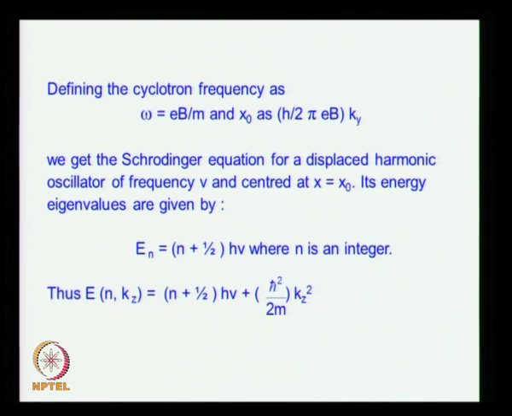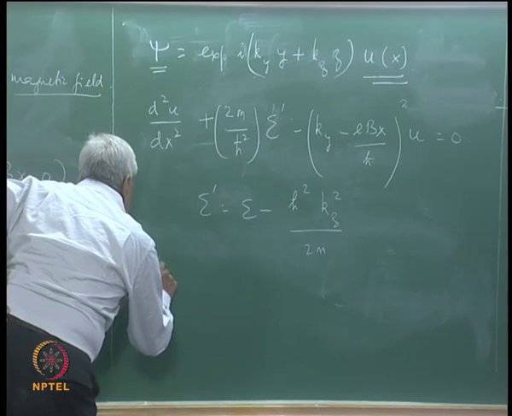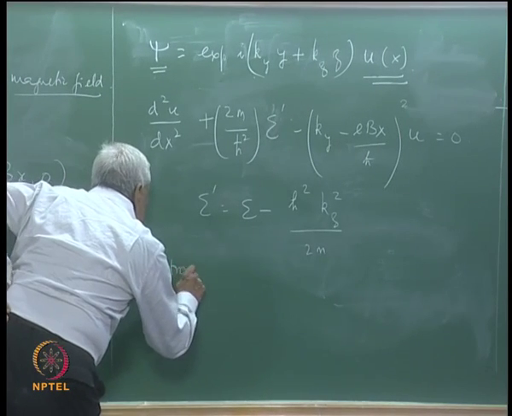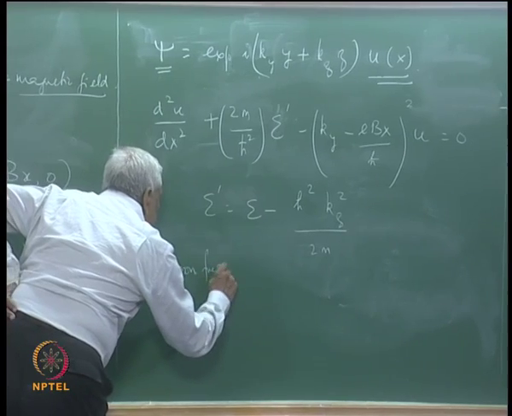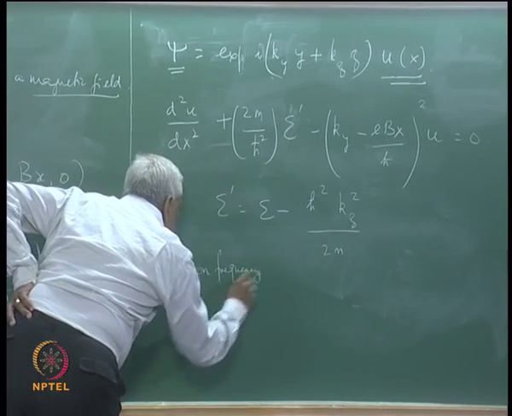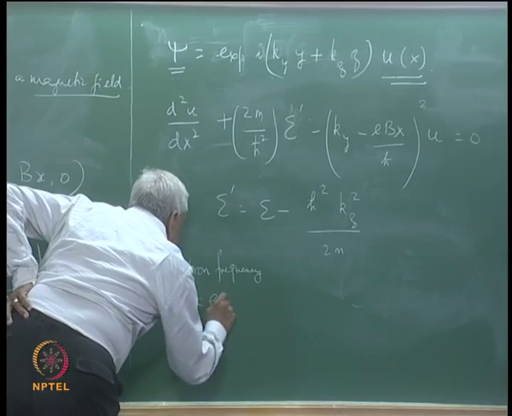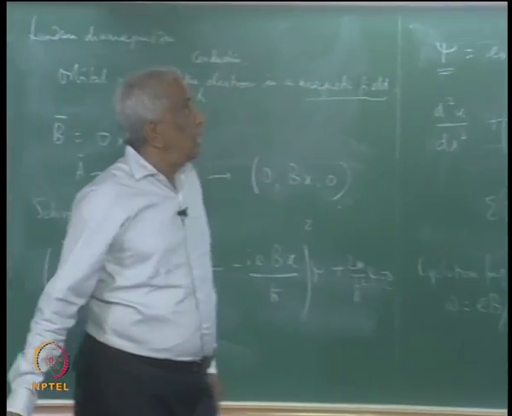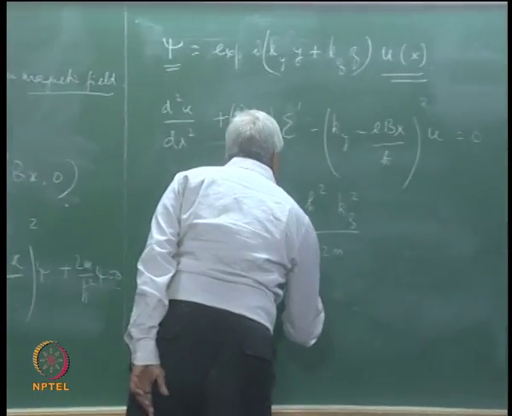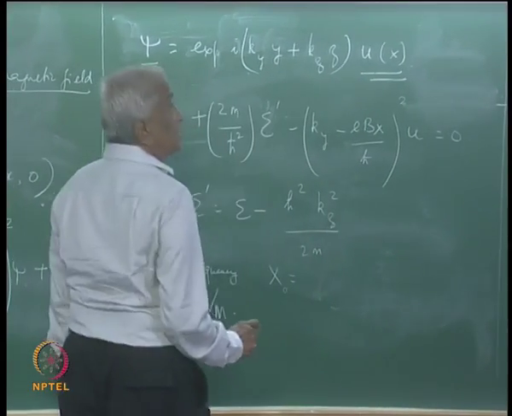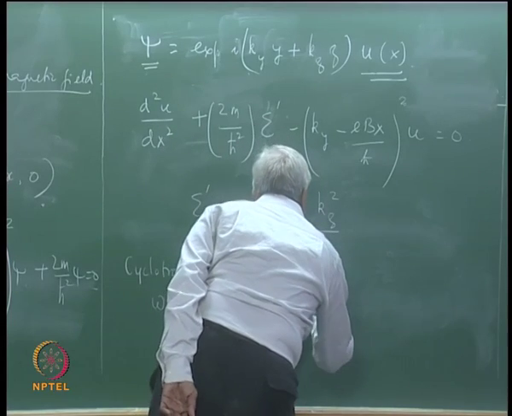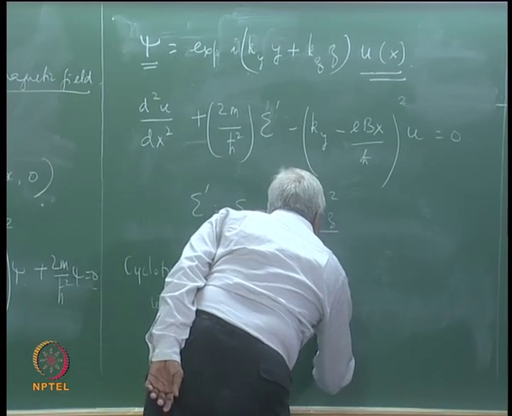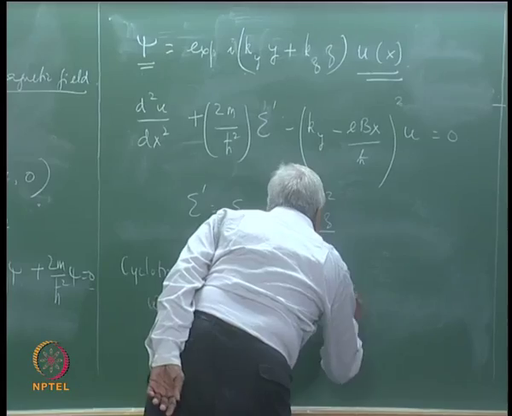Now, we define two quantities, the cyclotron frequency with which we are already familiar, omega equals eB by m, and we also define x 0 as h cross by eB into k y.